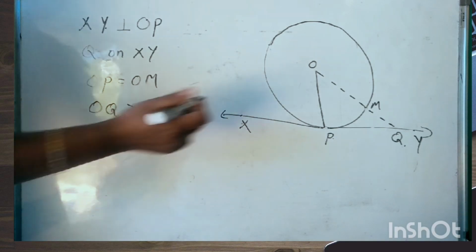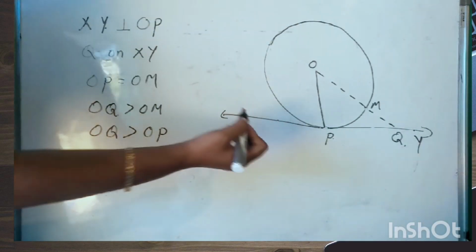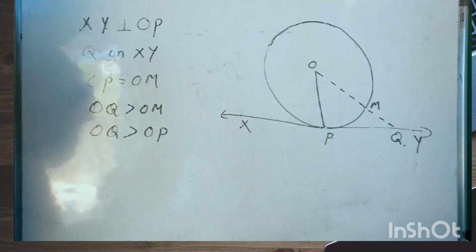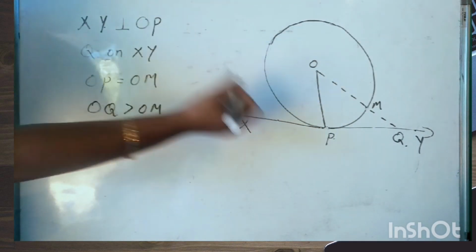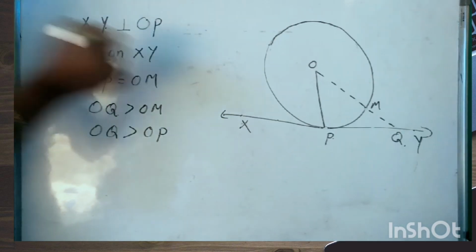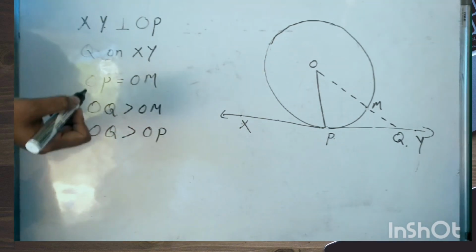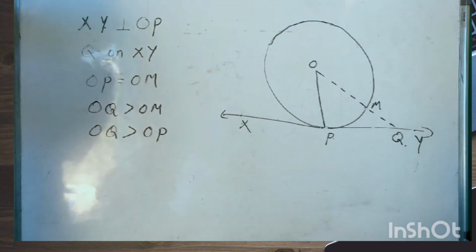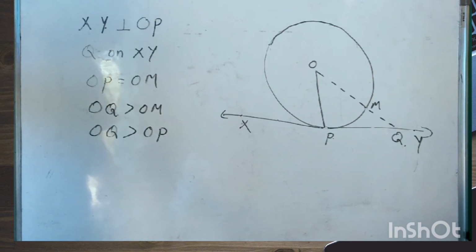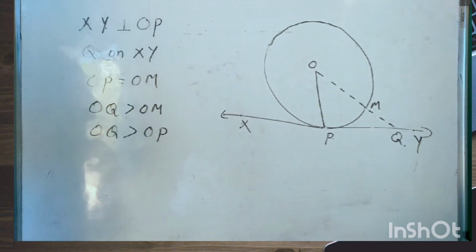Suppose we took one point from this side. Then that point also should lie outside the circle. If it lies on the circle, then P and that point will be common to the circle and our line XY, and then XY becomes a secant. So if you take any point on XY, it should lie outside the circle.